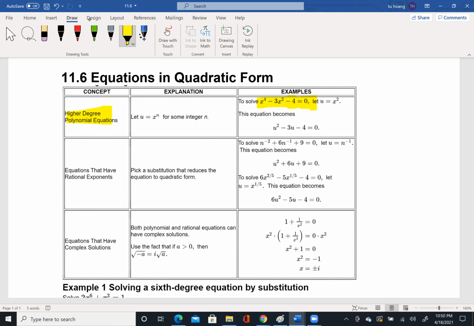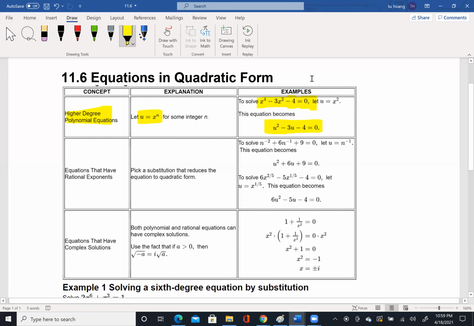But as you can see here, if we substitute u for x squared, we can have the equation look like a quadratic form, so you can later on solve it as a quadratic equation.